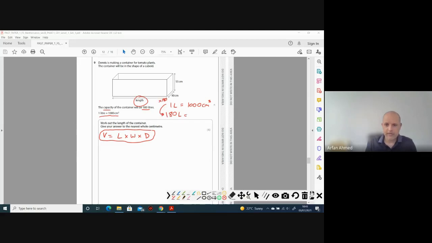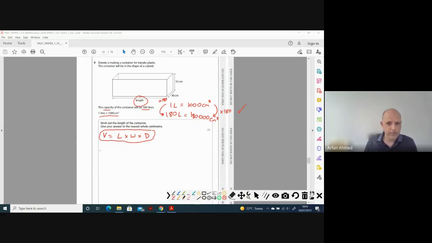So it's 180,000. You don't need to calculate for that, it's 180 and 3 more zeros. 180,000 centimeter cubed. You can use your calculator to double check it. You get 1 mark just for changing it from liters to centimeter cubed. So that's what the volume is in centimeter cubed. Let's put that down here.